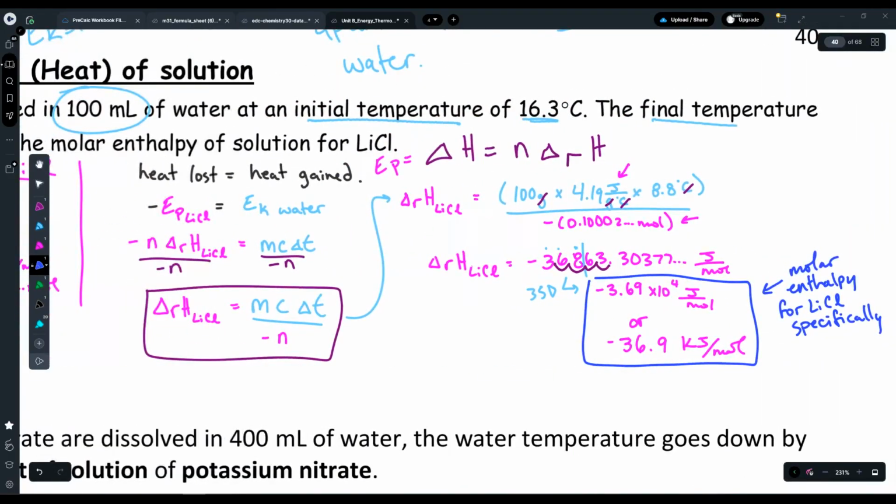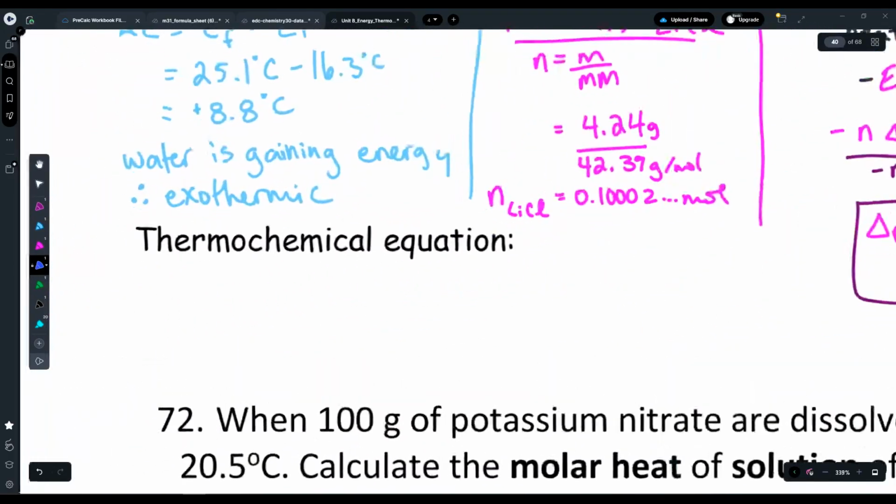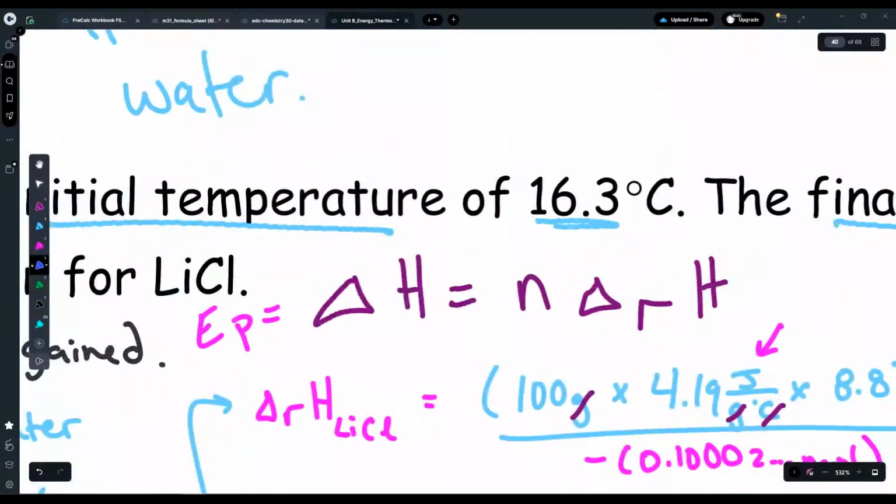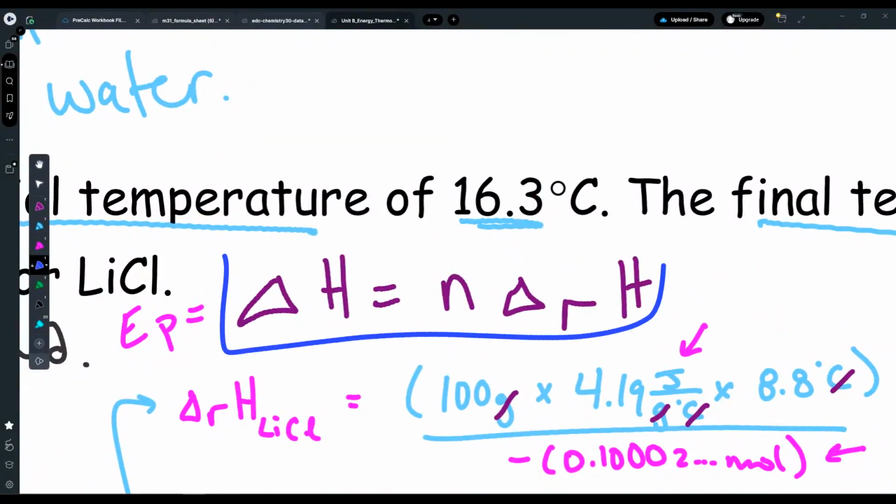The reason why I want to know this is because in our thermochemical equation, we don't use molar enthalpy, we use change in enthalpy, because change in enthalpy refers to the entire reaction, not just a specific substance. So again, coming back to this formula, how we figure out change in enthalpy is we multiply moles by the molar enthalpy.